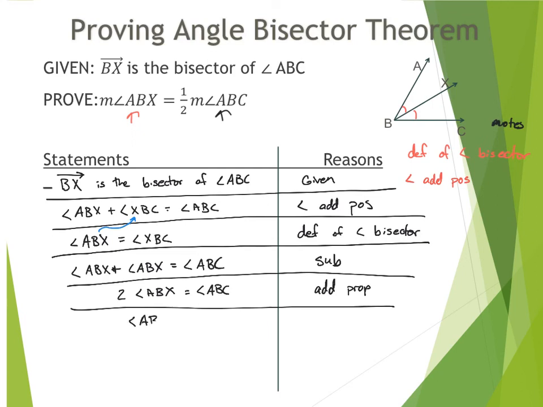So angle ABX is equal to 1/2 angle ABC. This is division. I cannot spell this word right today. Okay. And there we go. And that's the end. And this is also the end of the video.